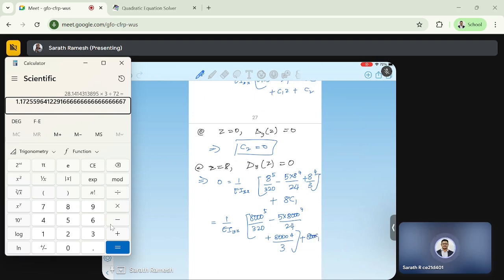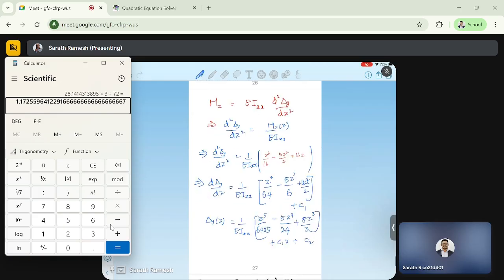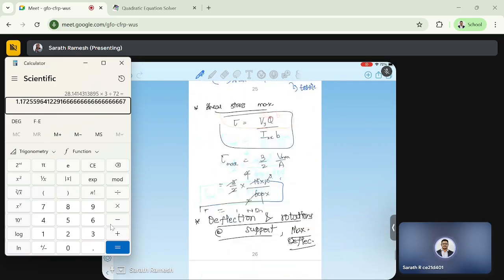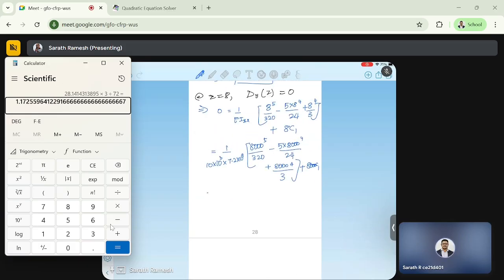So the EI value is E is 10 into 10 power 3, I is 7.2 into 10 power 9, right? If I remember correctly, 7.2 into 10 power 9. Right. So we have to simplify this.